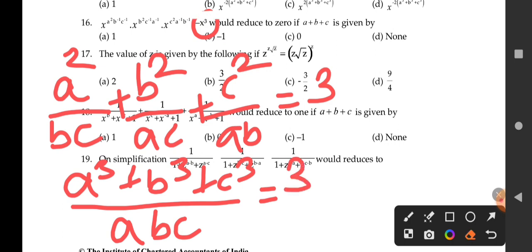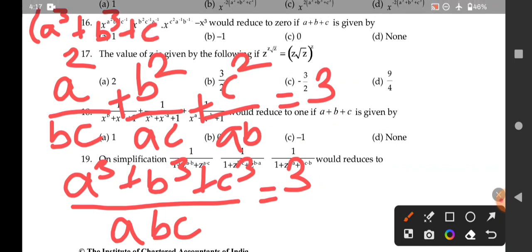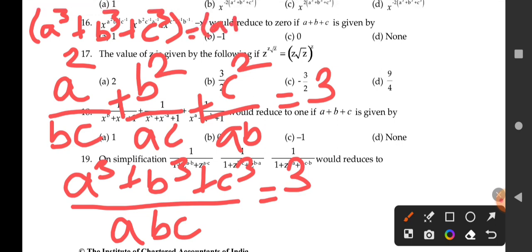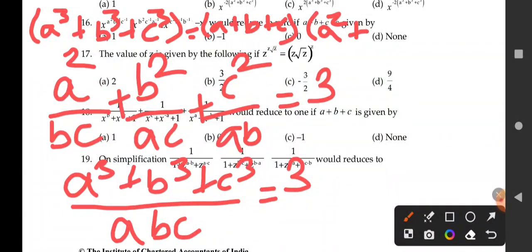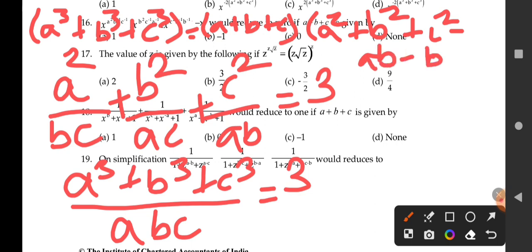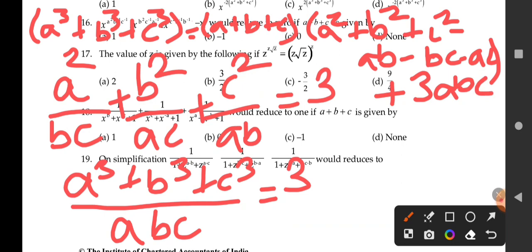Now there is one more formula you should add in your formula list, that is the A cube plus B cube plus C cube formula, which is equal to A plus B plus C into A square plus B square plus C square minus AB minus BC minus AC, plus 3ABC.